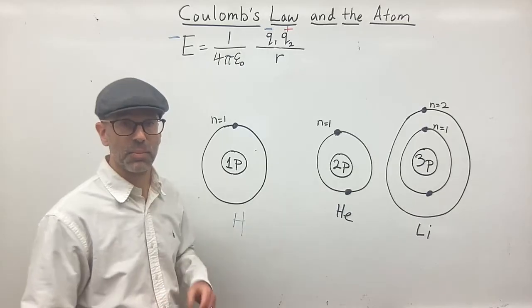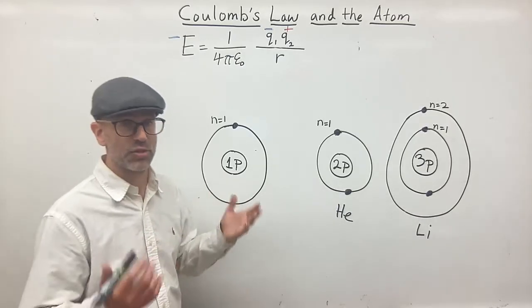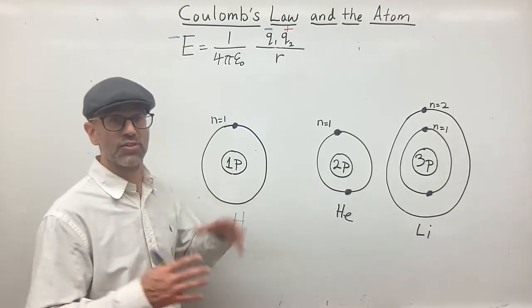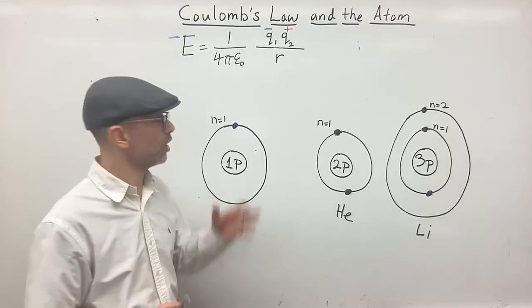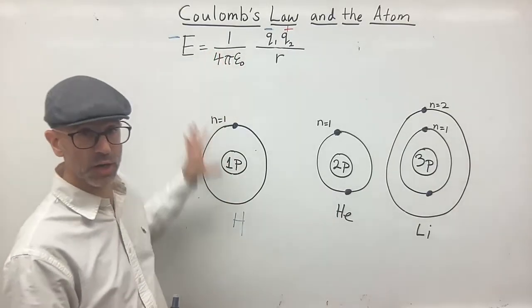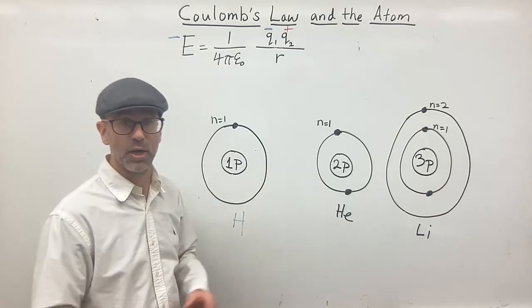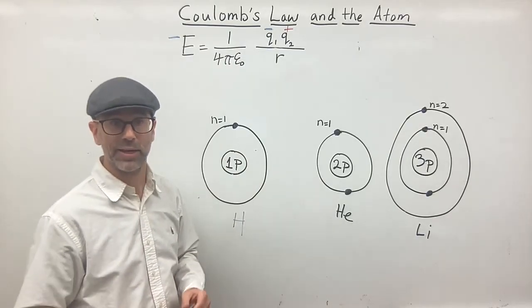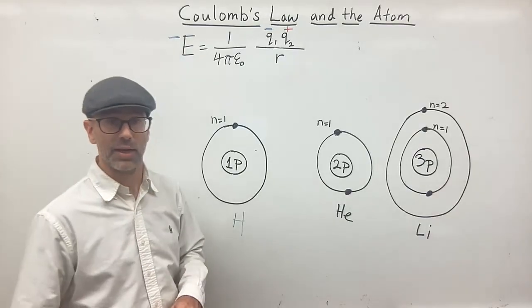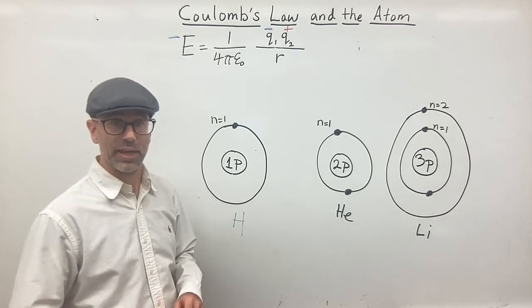Why does the ionization energy change the way it does? Why does the size of the atom change the way it does? It all comes back to Coulomb's law. So understanding what's going on here will explain everything with regard to periodic trends, which I will be talking about in future videos.